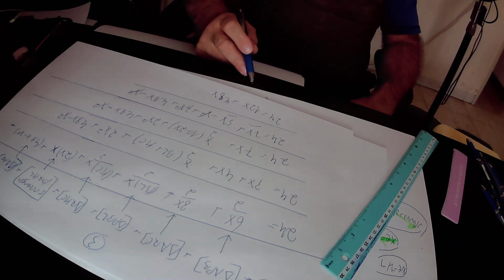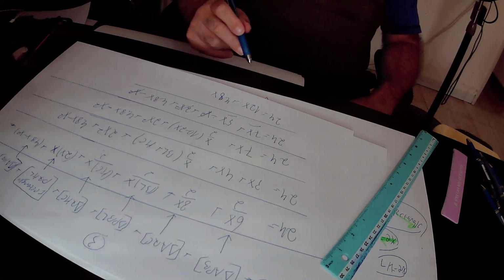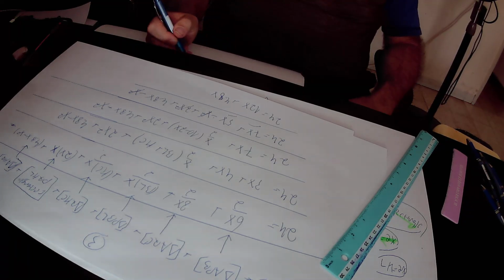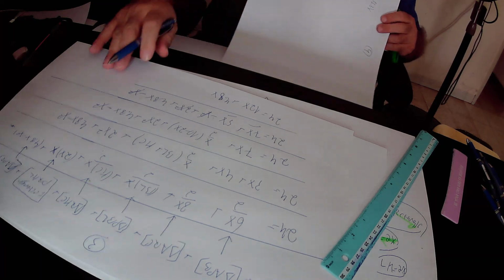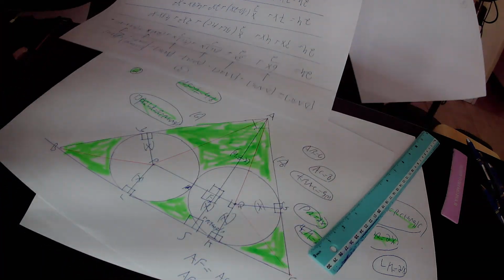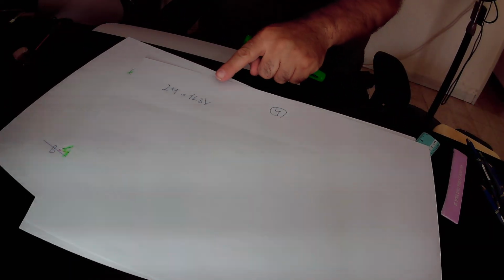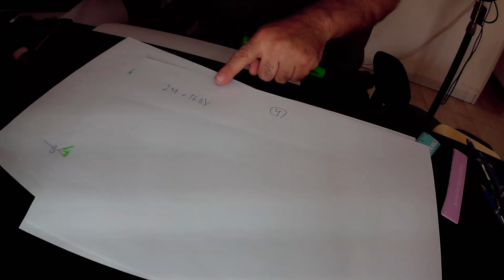What is the value of 12x plus 4.8x? It is 16.8x. So in total, I have found out that 24 equals 16.8x. Here we divide this equation by 16.8.